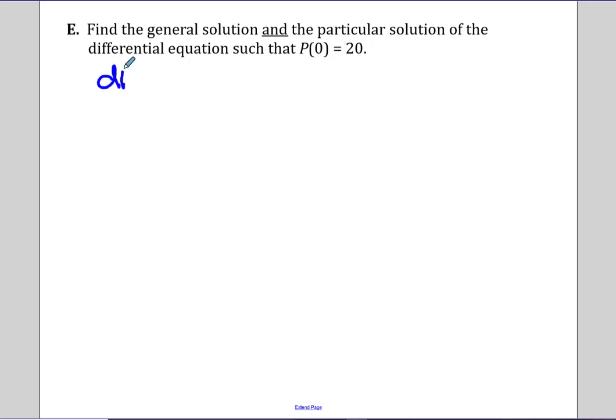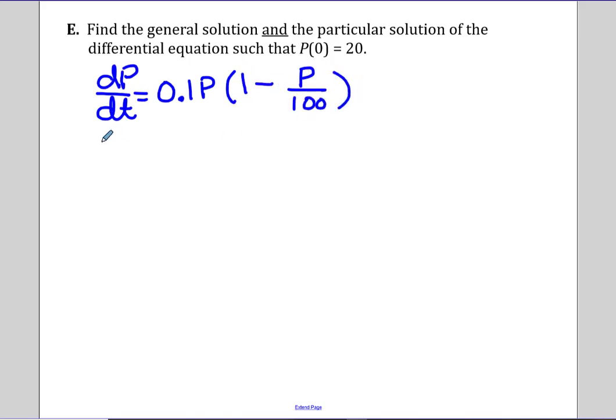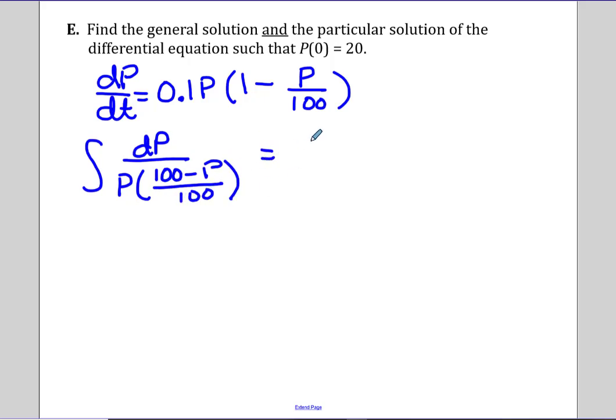So the general solution, the rate of change of the population with respect to time, was our formula we started with in the first part. And we want to integrate, so dP, and we're going to divide by P, and then I'm going to get this as a common denominator, 100 minus P divided by 100, and that would be 1/10 with respect to time.